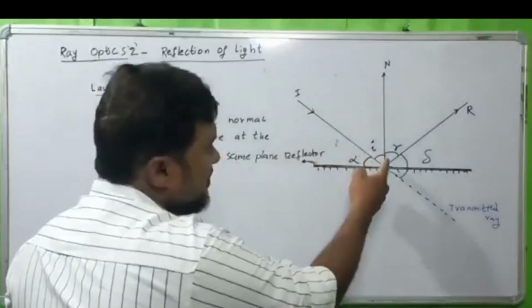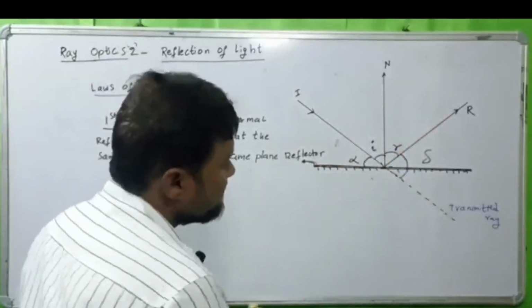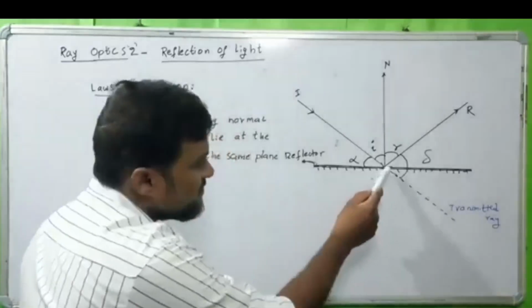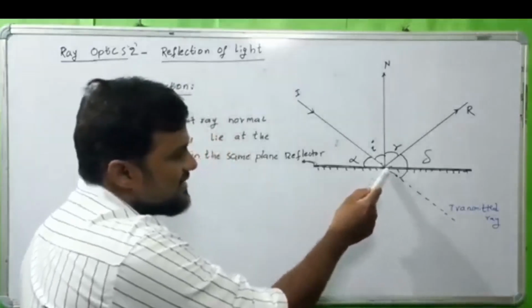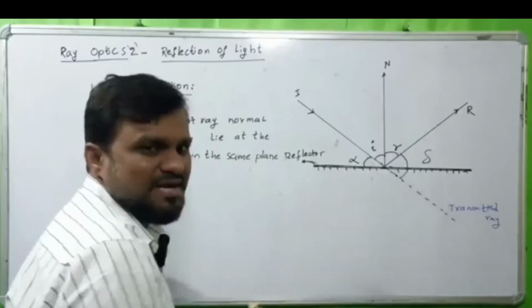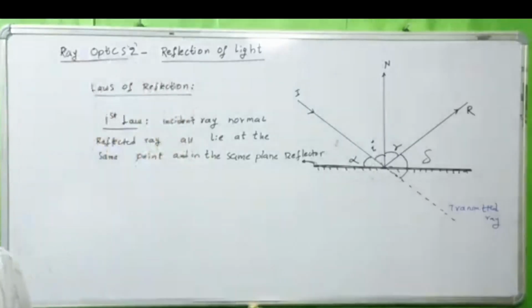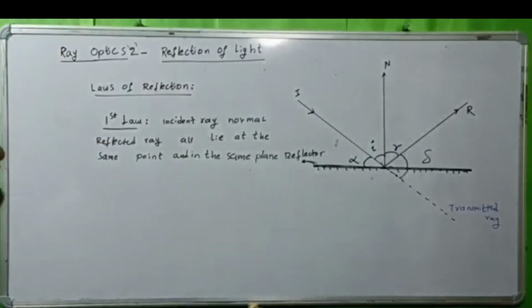Incident ray, normal, reflected ray, if you see here, all lie at the same point and in the same plane. Same plane means the same xy plane.